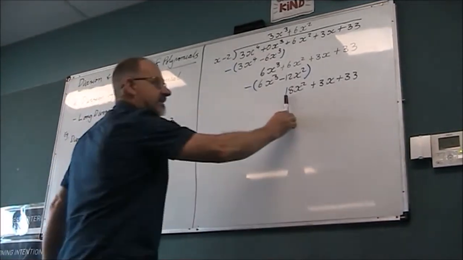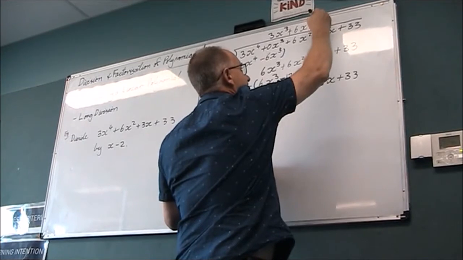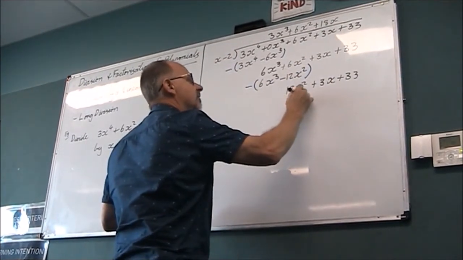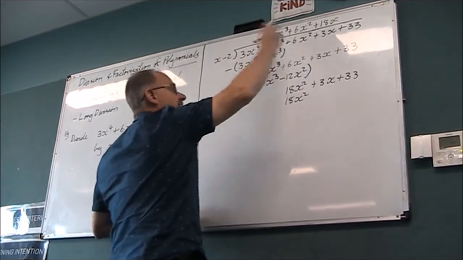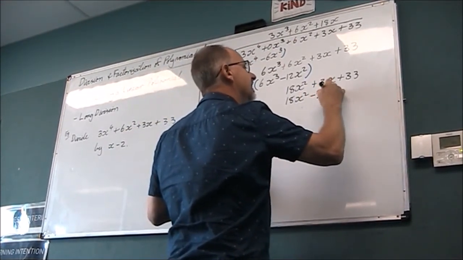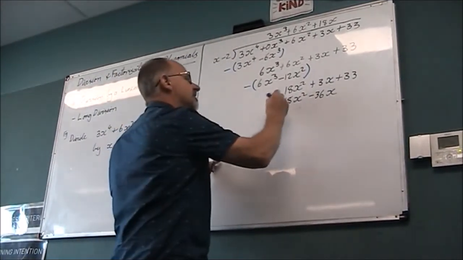Alright, so now we start with our 18x squared, so we've got to times x by 18x to get 18x squared. And negative 2 times that is negative 36x. And then we've got to take away that stuff.